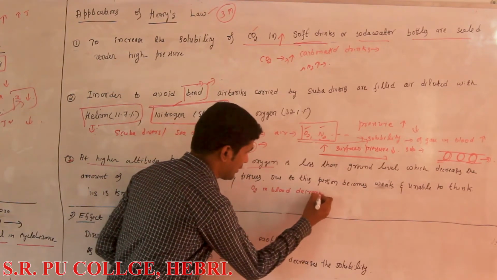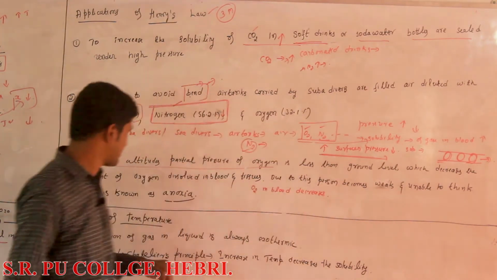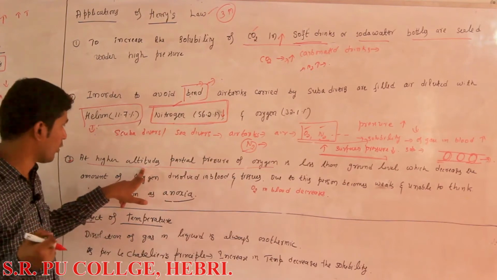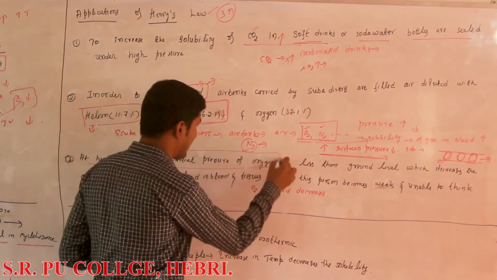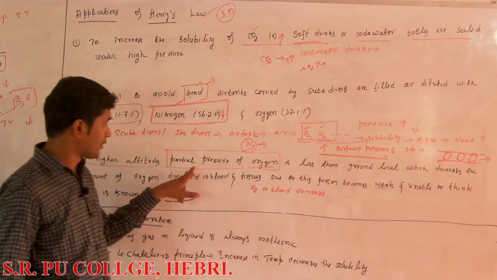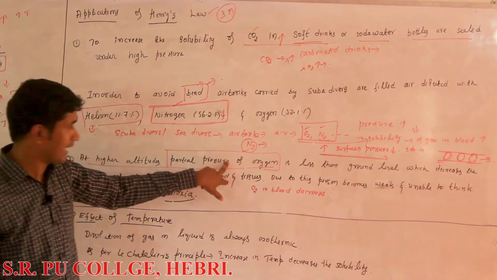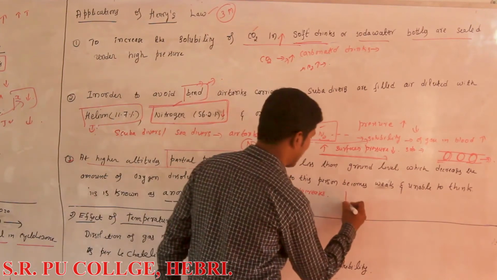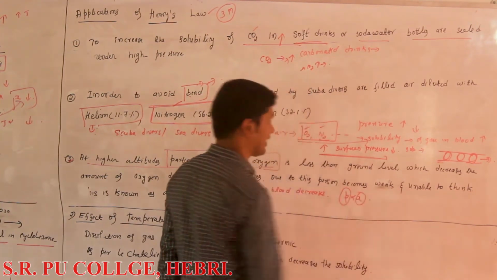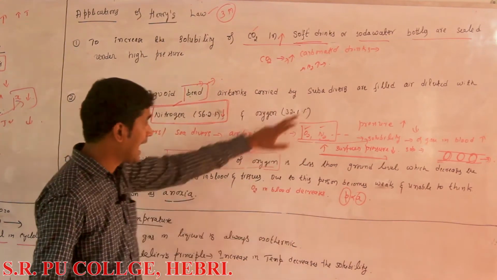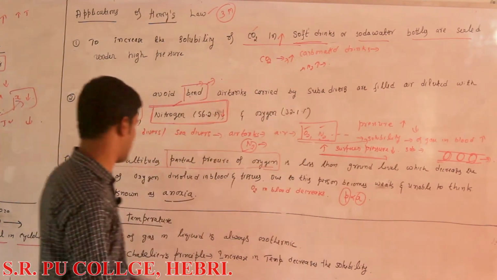At higher altitudes, at peaks, pressure is usually low, so the partial pressure of oxygen present in air is also very less. So due to that, its solubility, we know P is directly proportional to X. When partial pressure decreases, mole fraction also decreases. So its solubility in blood decreases.